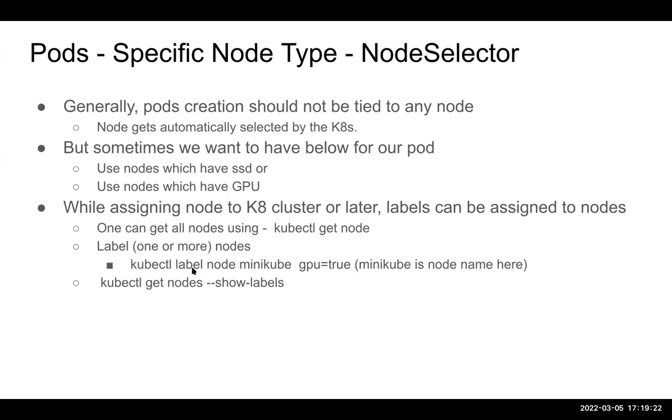So this is the command kubectl label, and now you're specifying a node, and this is the node name. How did you get this node name? By running this command. And now you're labeling it gpu=true. Once it's labeled, you can check whether this node has got this label or not. So let's see. I will run these commands now.